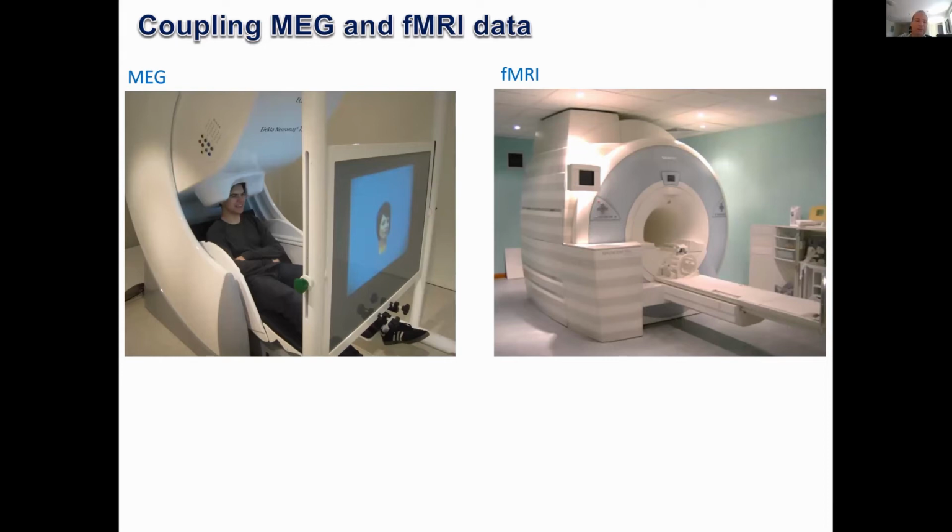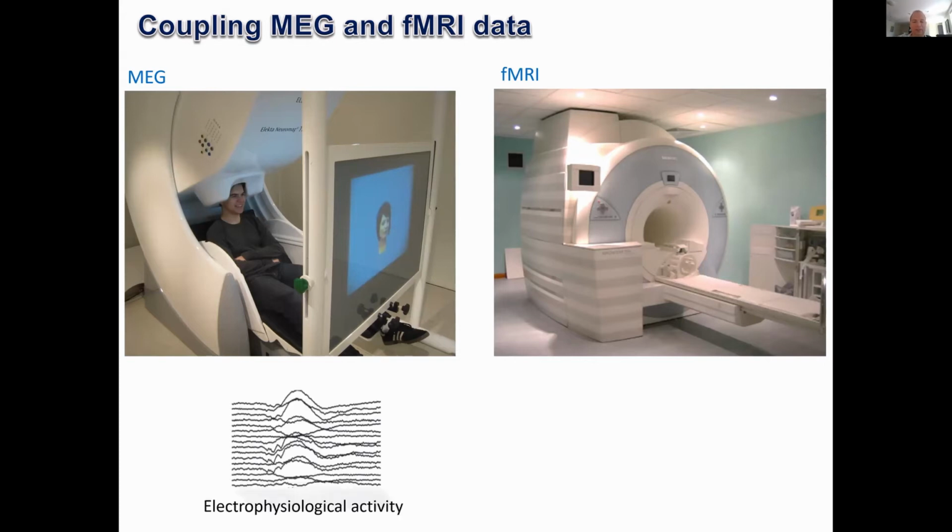So there are many imaging methods in neuroscience and neuroimaging. I talked about magnetoencephalography, which is on the left. The most popular one is actually functional magnetic resonance imaging to the right. And though MEG gives you excellent temporal resolution, measuring how magnetic signals change millisecond by millisecond, fMRI is very, very slow in time.